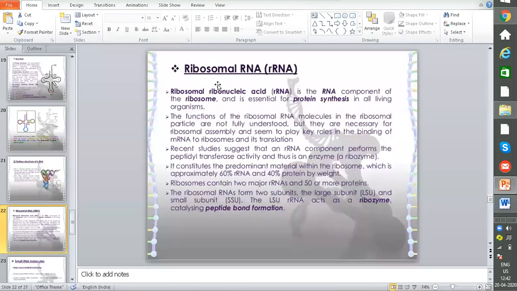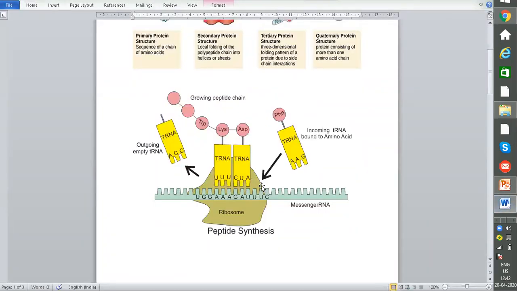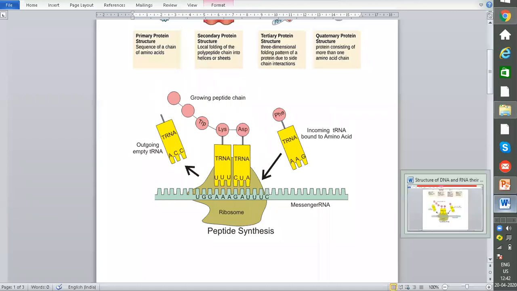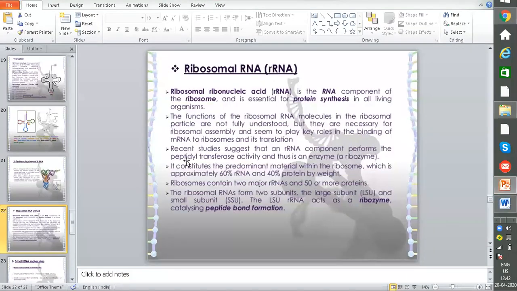So that means this ribosomal RNA will be useful for protein synthesis, and peptide bonds will also be produced. Sometimes the ribosomal RNA, along with the ribosome, is called a ribozyme. So the ribozyme has a ribosomal part along with the peptide chain. For example, peptide transferase is an enzyme, which is a ribozyme.